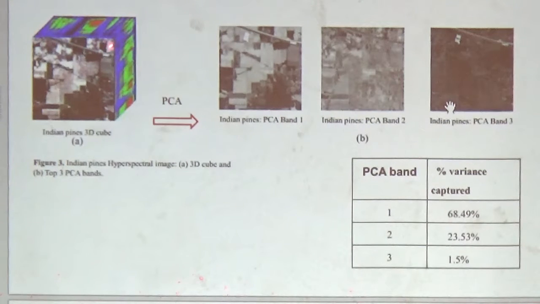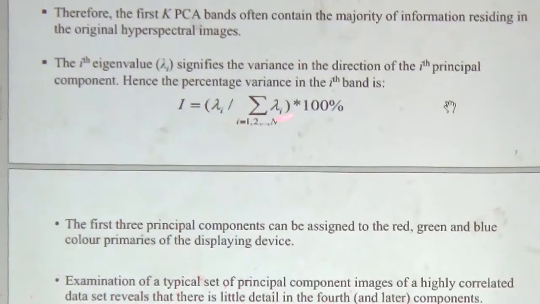And I want to reduce all those bands to only these 3 bands. And why should I be able to do that? Because of this fact. If you look at that ratio which I showed in the previous slide, I am computing this: lambda 1 by summation of all lambdas, lambda 2 by summation of all lambdas, lambda 3 by summation of all lambdas.